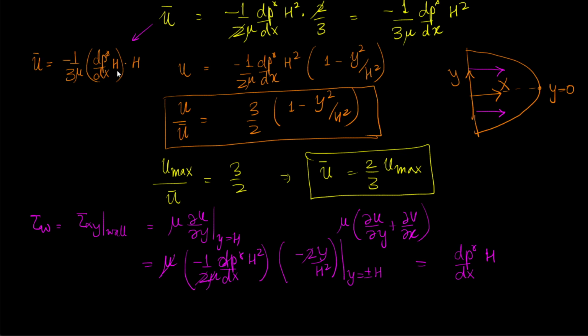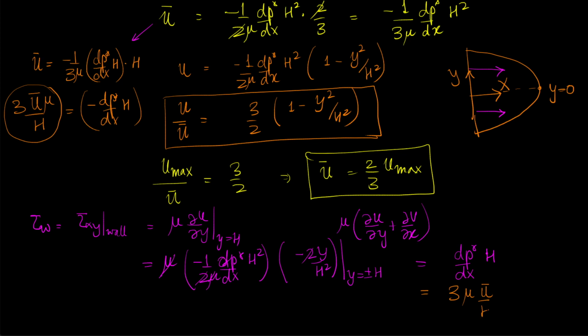So dp star dx times h becomes u bar times 3 mu upon h. So this is equal to minus dp star upon dx times h. And because we are more concerned with the magnitude of the wall shear stress, this essentially would boil down to this particular term, 3 mu u bar upon h.